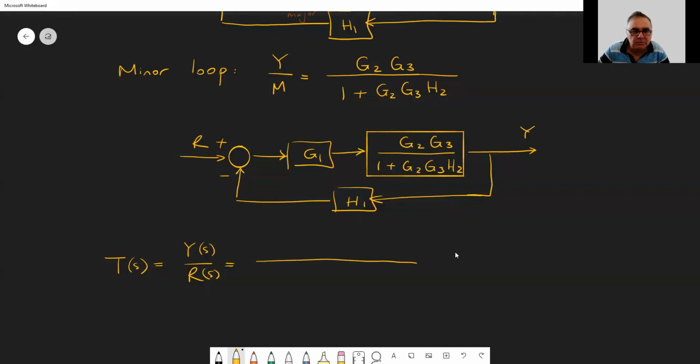The forward loop, which is G1, G2, G3, they multiply, divided by 1 plus G2, G3, H2, divided by 1 plus this thing multiplied by H1.